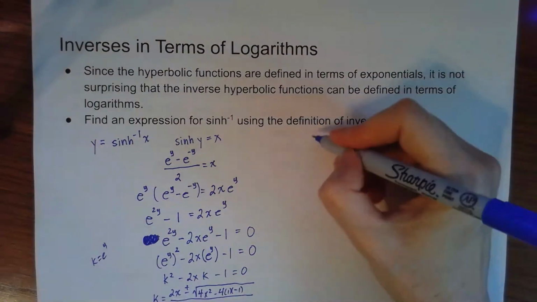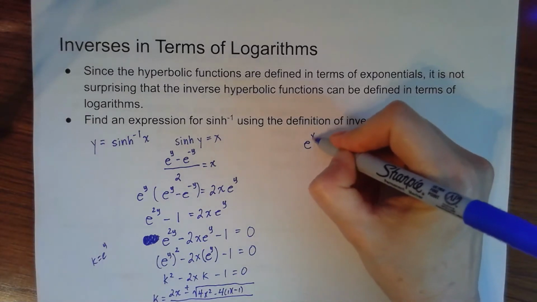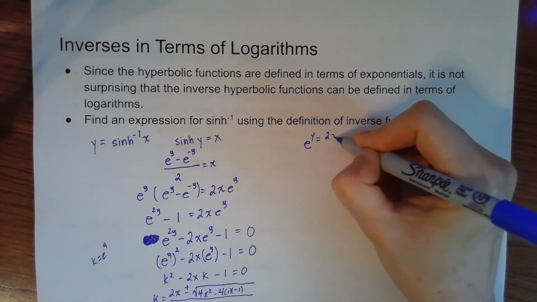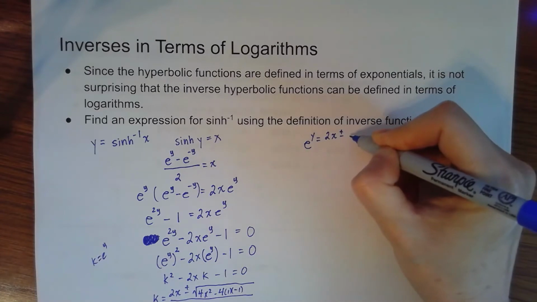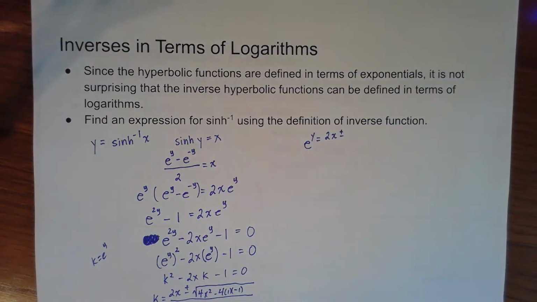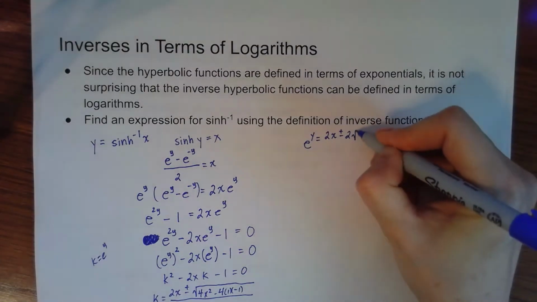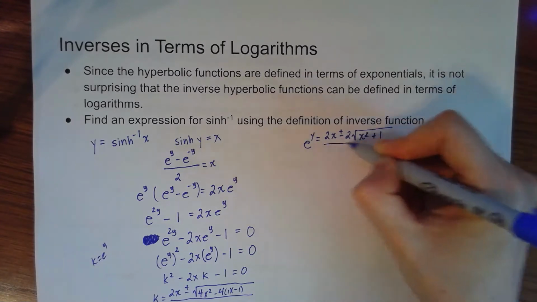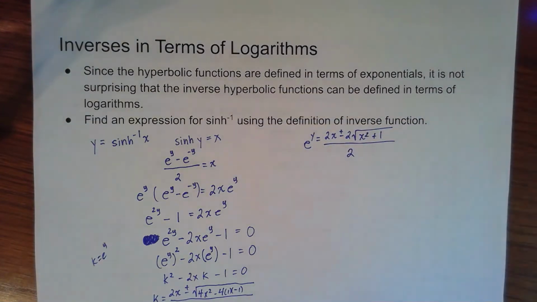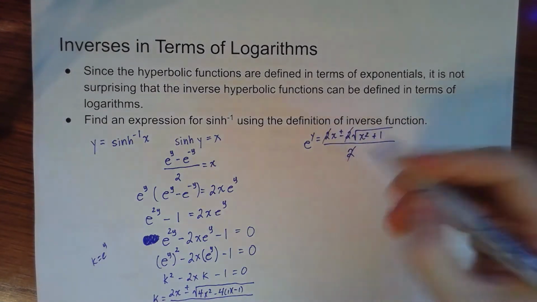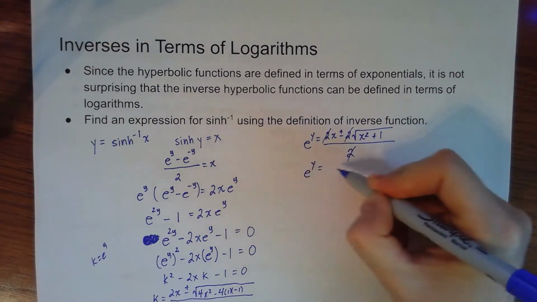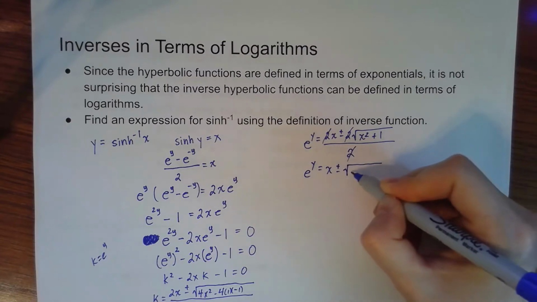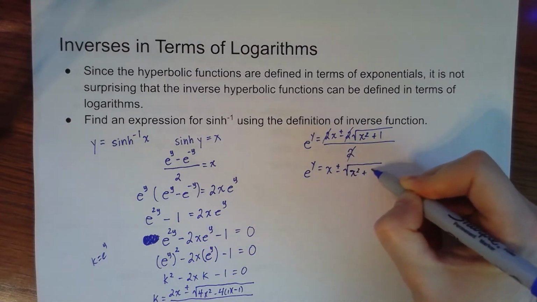So I've got 2x plus or minus, okay, I can factor out a 4, and I know the square root of 4 is 2, so I can bring a 2 out of that square root, and I'll be left with x squared plus 1 under the radical, 2 in a denominator, and all those 2's can cancel, so I'll have e to the y is x plus or minus the square root of x squared plus 1.